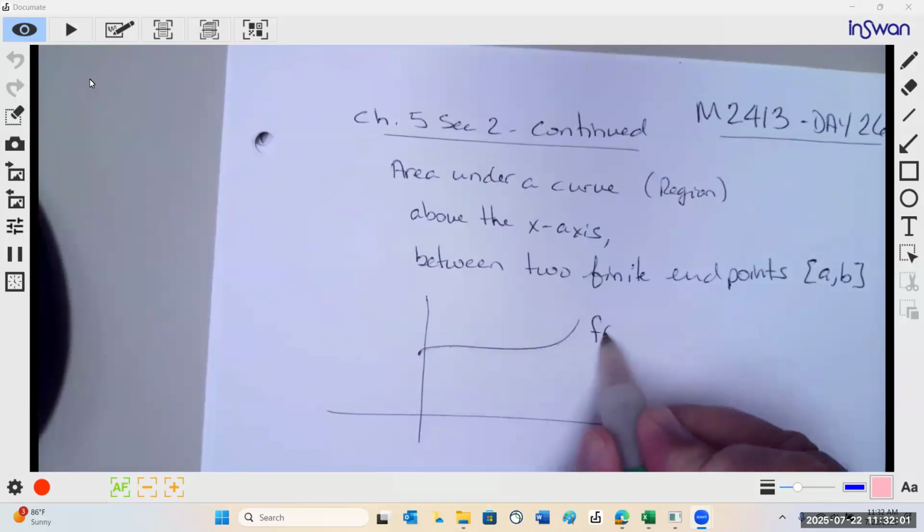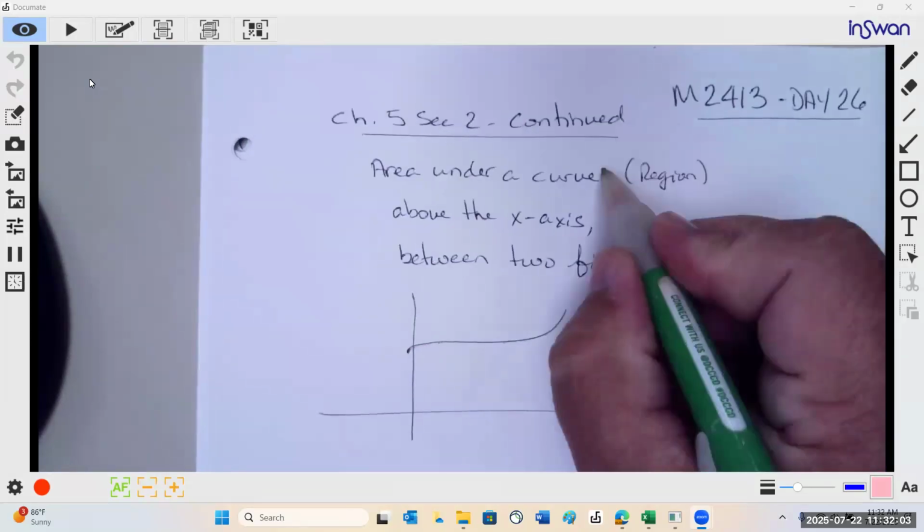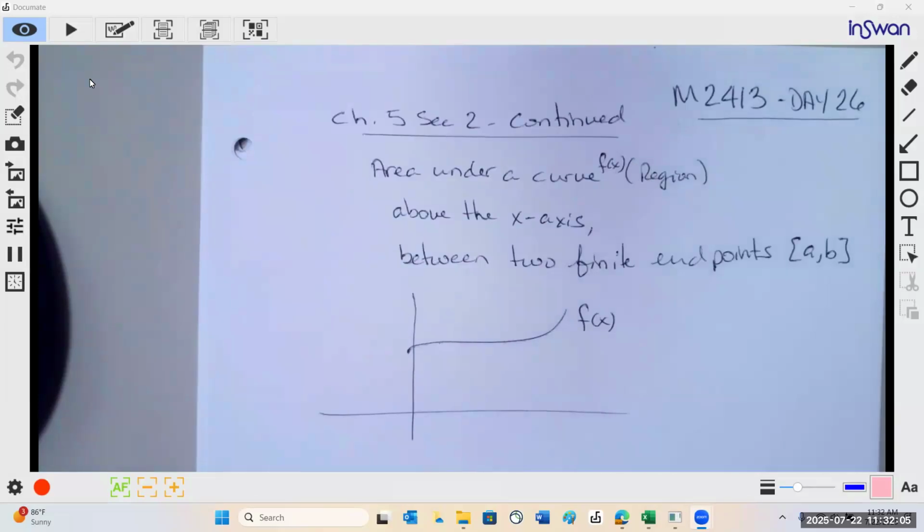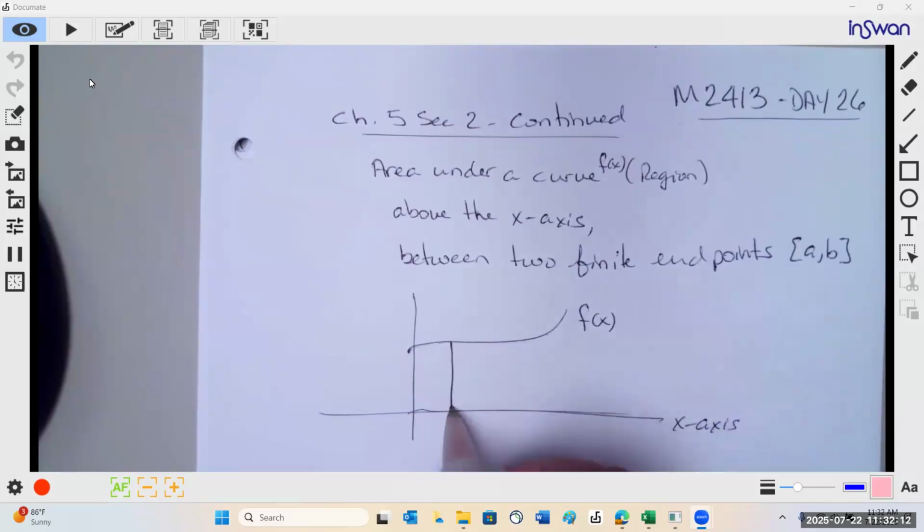So here's our function, f of x. That's the curve, f of x. It's above the x-axis and within our closed interval AB. This is our area, our region.